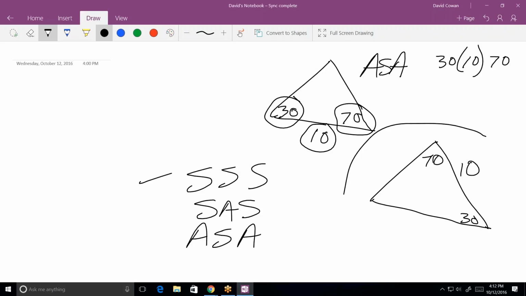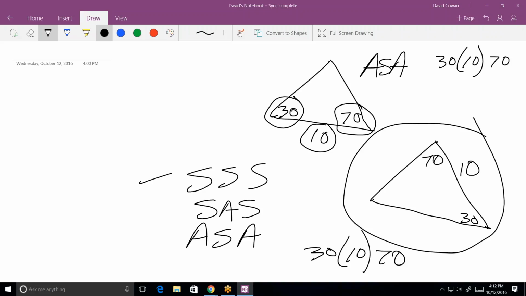Well, if I look at this triangle, even though it's been rotated, I still have 30, 10, 70, and I still have angle, side, angle. And all three of them are the same as the first triangle. Therefore, they're congruent by that. And those are the only three things that prove congruency.